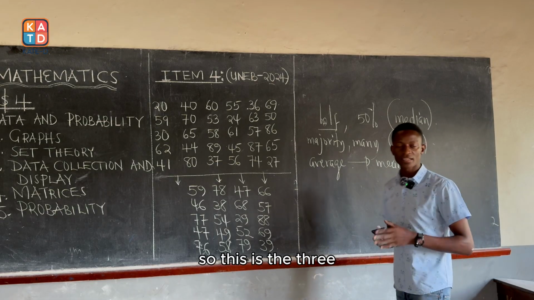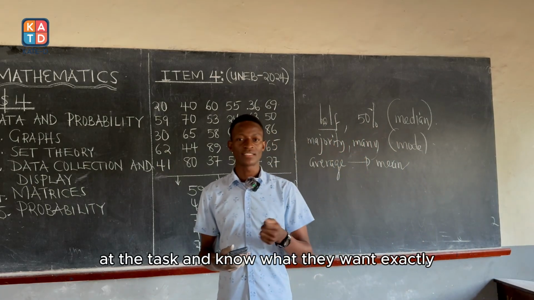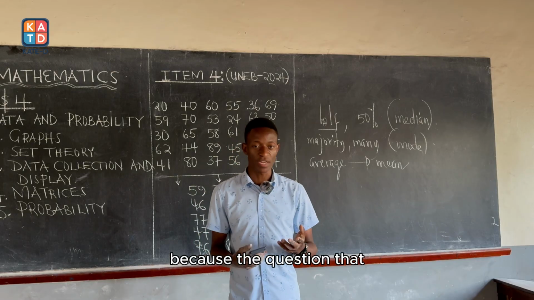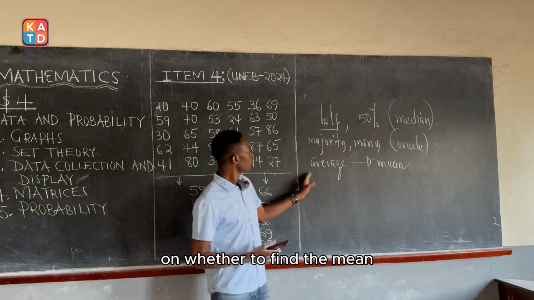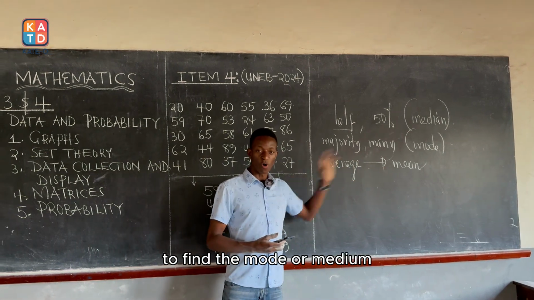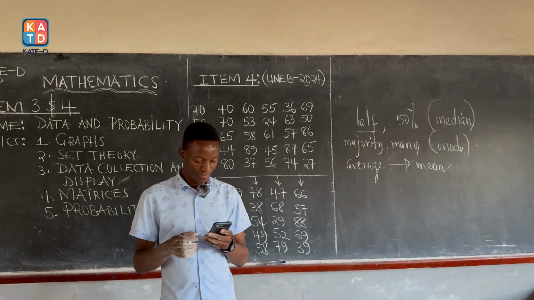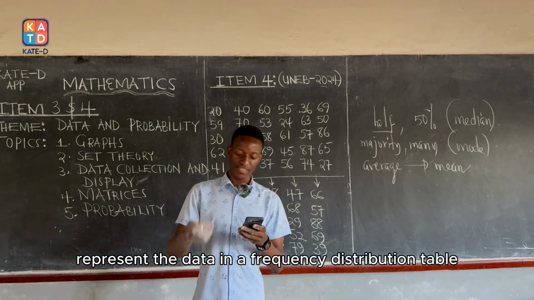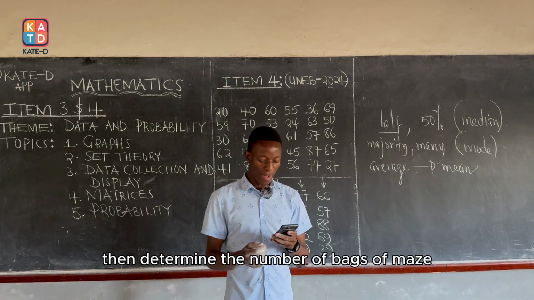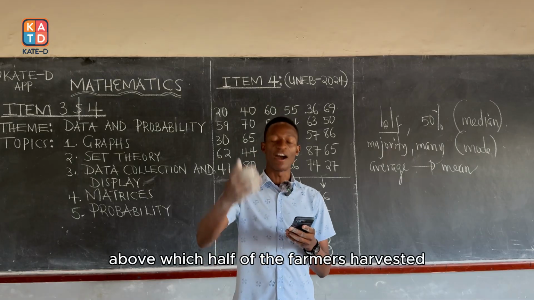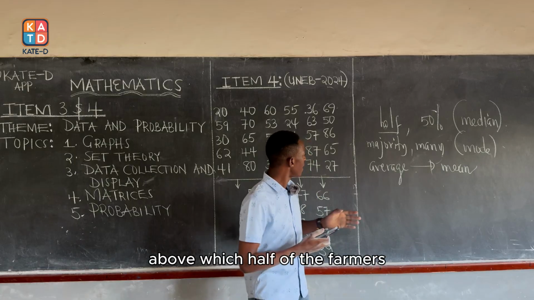So these are the three different ways you can look at the task and know what they want exactly, because the questions under the task won't be direct on whether to find the mean, the mode or the median. When you analyze this task, you are saying represent the data in a frequency distribution table, then determine the number of bags of maize above which half of the farmers harvested.